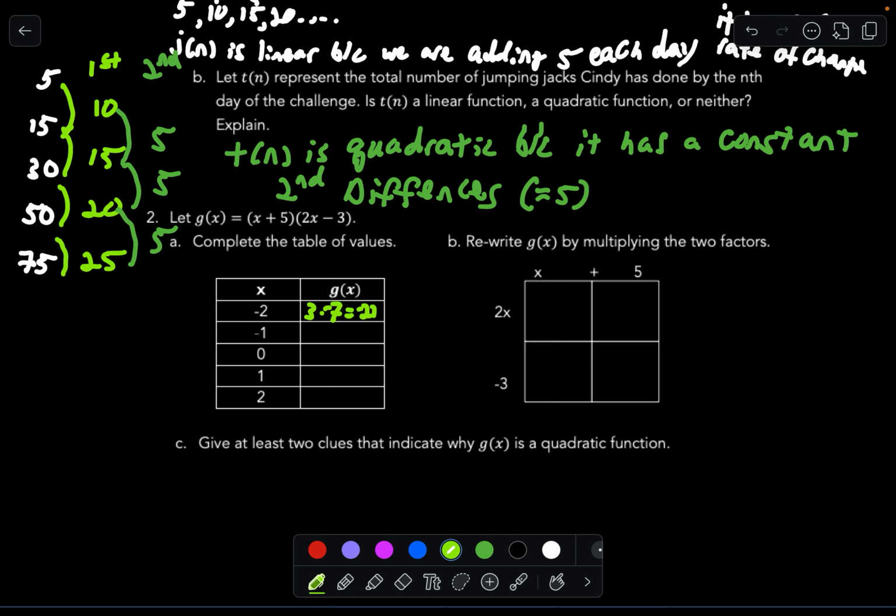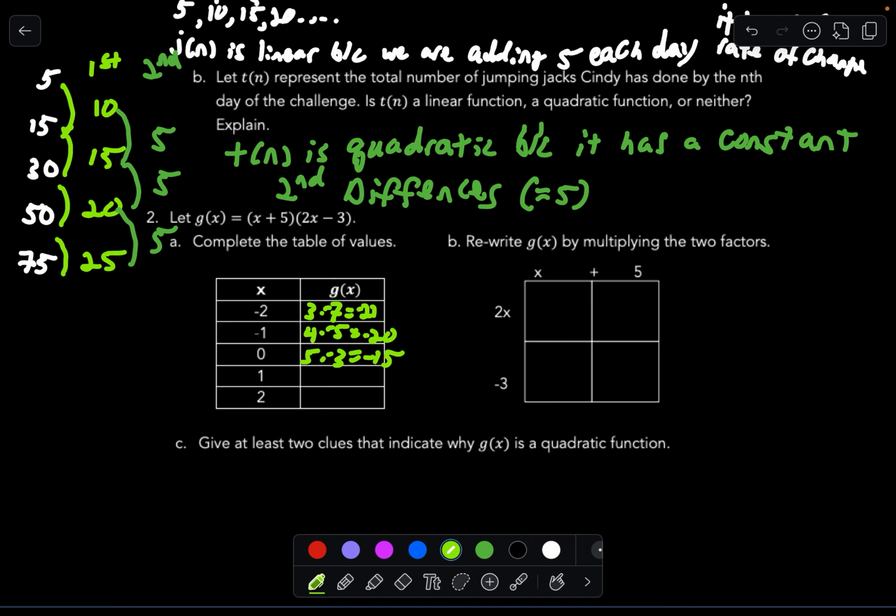When x is negative 1, that's going to be 4 times negative 2 minus 3 is negative 5, and that's negative 20. When x is 0, that's going to be 5 times negative 3, which is negative 15.